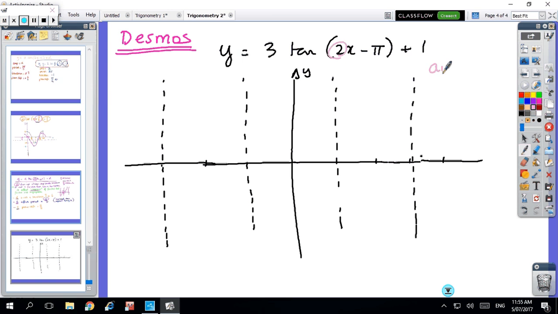So we'll go through. The amplitude, we don't have one, it doesn't have an effect. The period is going to be pi on 2. The translation is going to be +1, 1 up, and phase shift. Oh, we haven't done the phase shift, sorry.